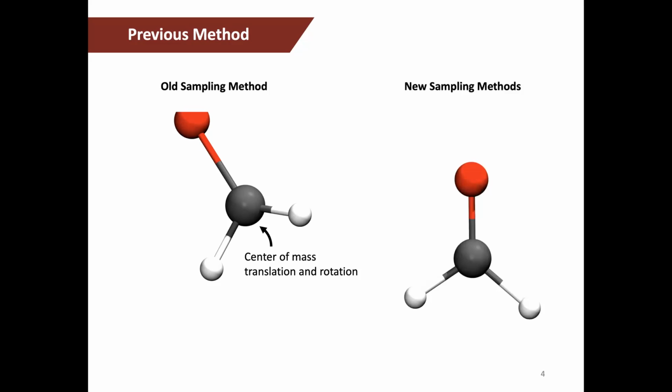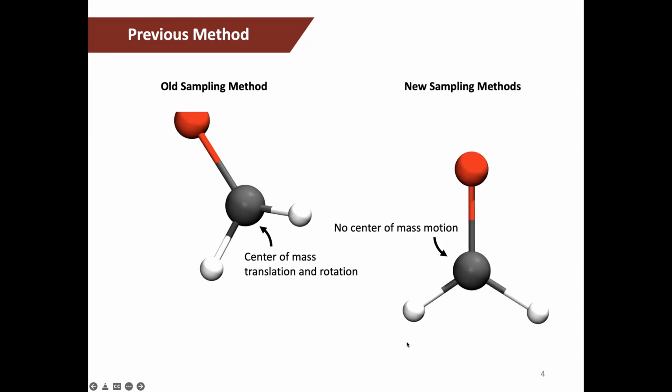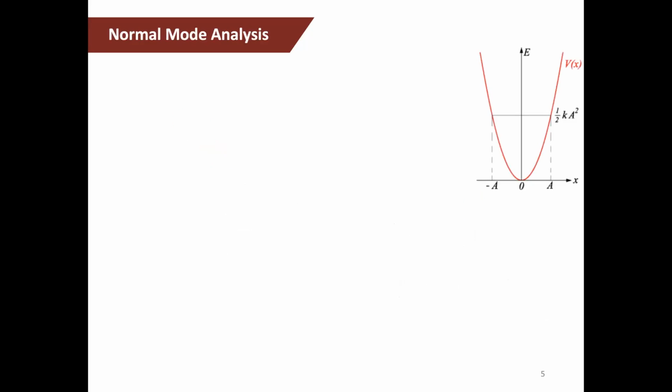As you can see, there was a center of mass translation and rotation from those initial conditions, which comes about from converting from normal coordinate space into Cartesian coordinate space. And in the new sampling methods, you can see that my methods will actually take all that center of mass translation and rotation out and rescale the energies.